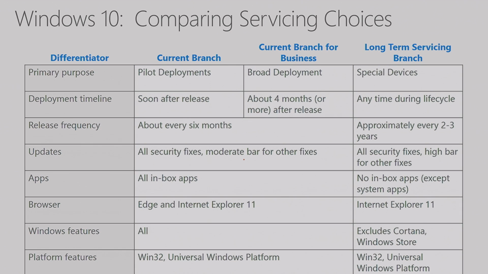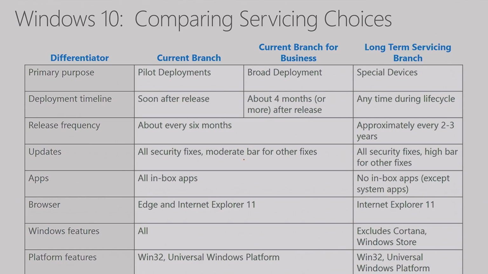So kind of to summarize then, we have the current branch release, first 4 months of its lifetime, used for pilot deployments. Current branch for business, used for broad deployment. It's not like these, though, are two different things. They're really the same thing at different points in time. 1607, when it was originally released, is considered current branch. It becomes current branch for business after 4 months.